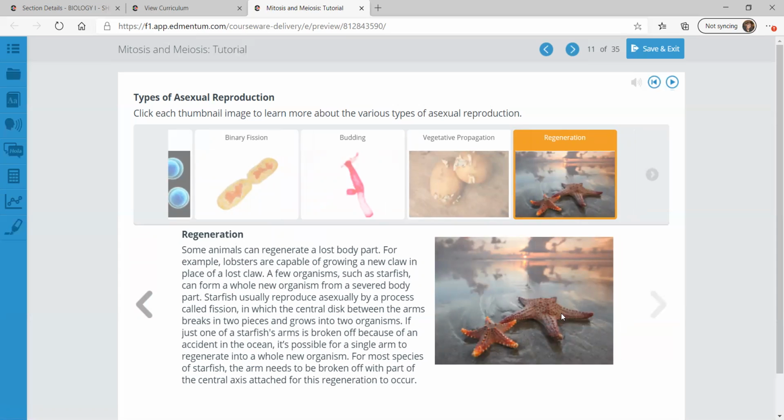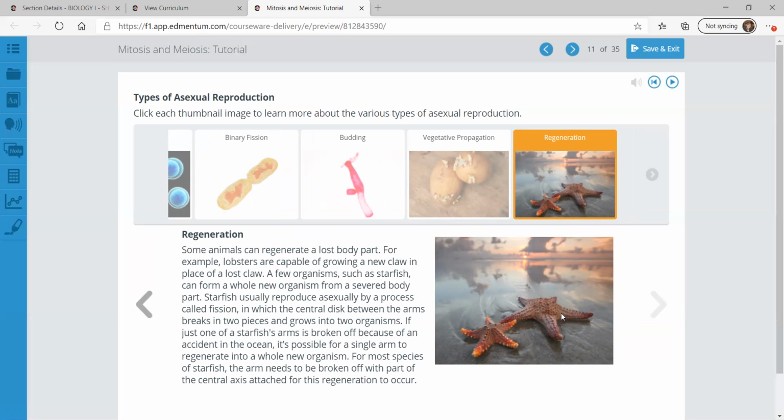And then we have regeneration. Some animals can regenerate a lost body part. For example, lobsters are capable of growing a new claw in place of a lost claw. A few organisms like starfish can form a whole new organism from a severed body part. Starfish usually reproduce asexually by a process called fission, in which the central disc between the arms breaks in two pieces and grows into two organisms.